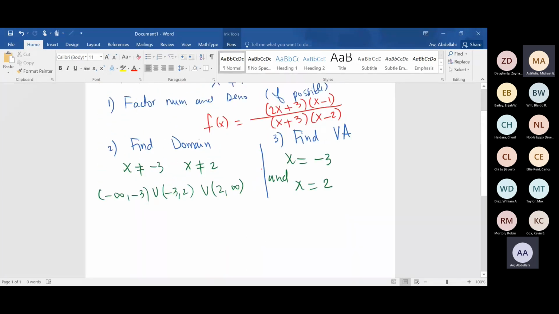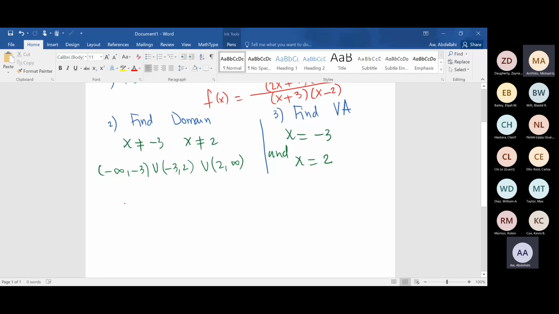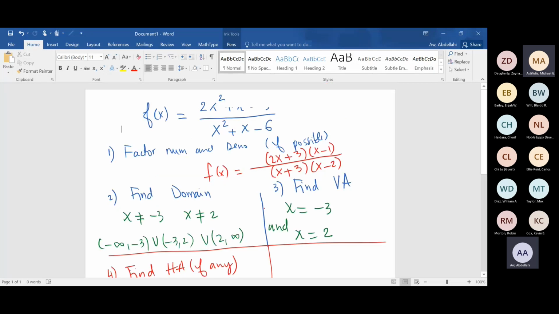But let's continue. Okay, find now the horizontal asymptote, if any. And you go back and see what we have said about the horizontal asymptote. We're going to compare the degrees of the numerator and the denominator, right?